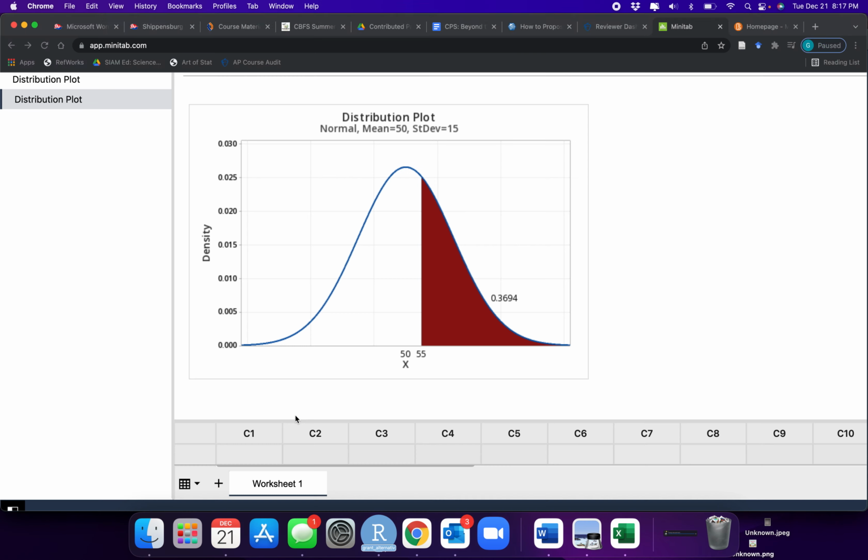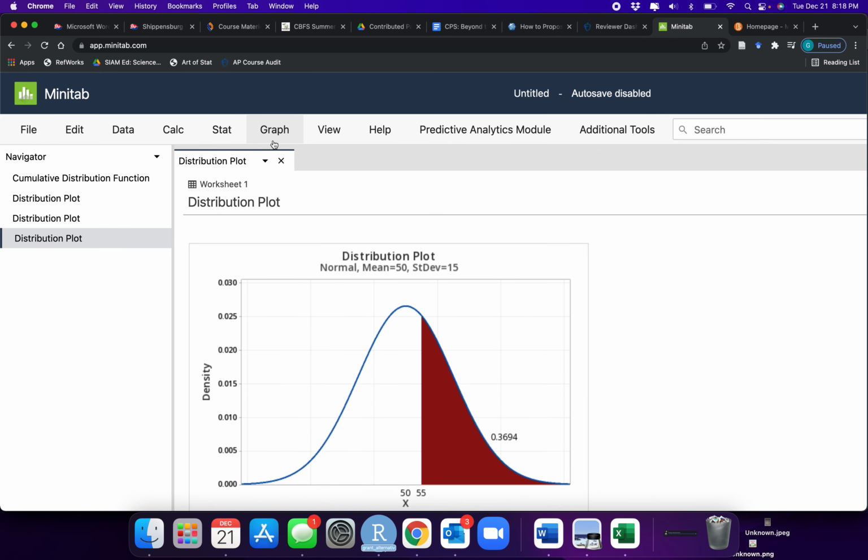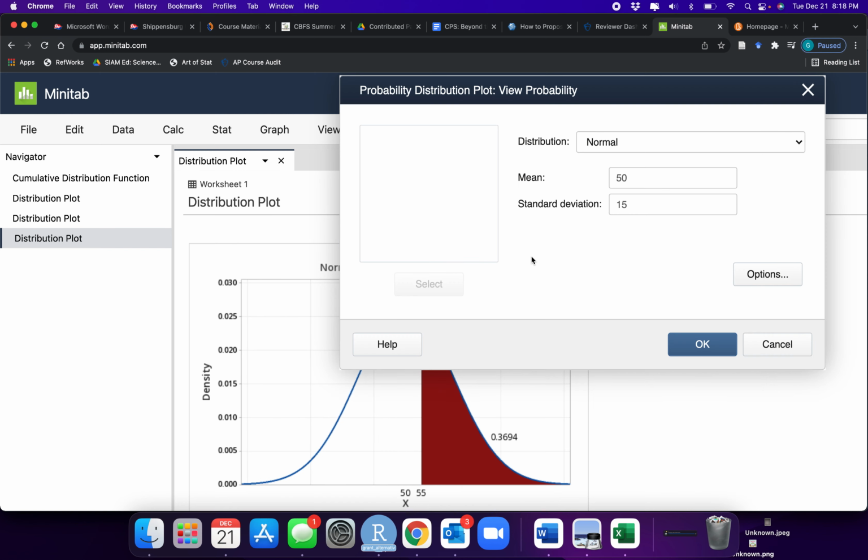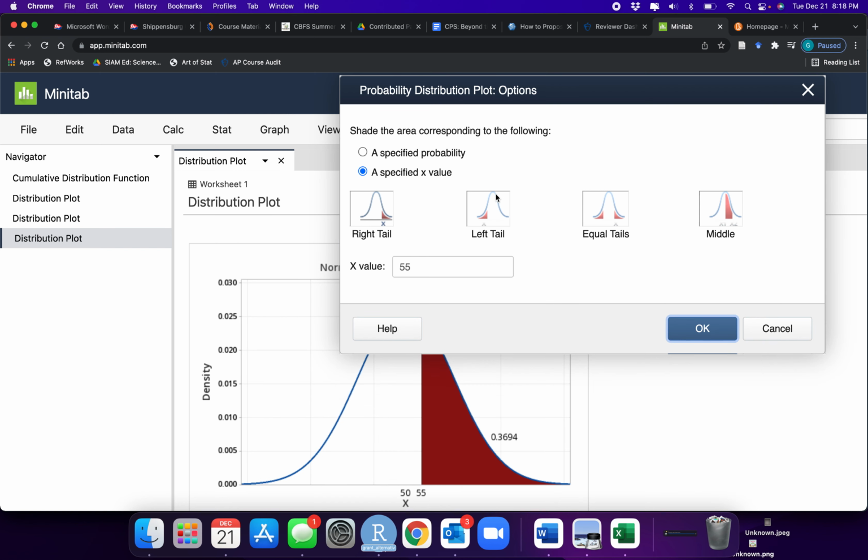Now the last question is to find the point at which only 5% of the distribution is larger than that. Again, graph, probability distribution plot, view probability, and now instead of giving a specified x value, I give a specified probability.